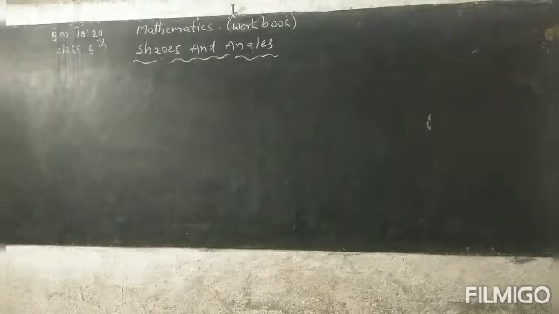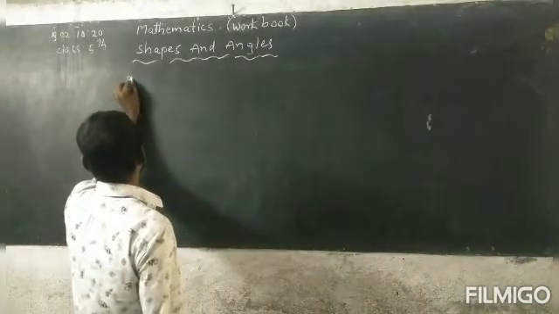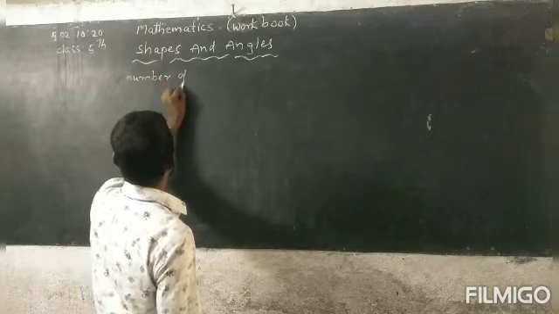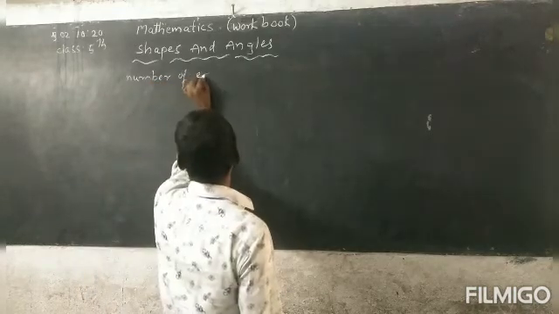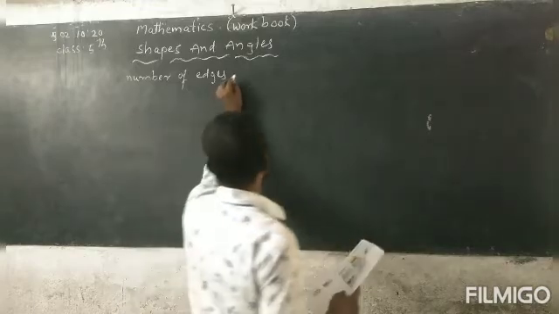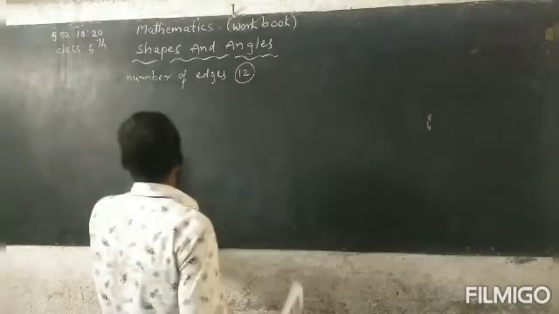First row, first one, beta, cube, number of edges. How many edges beta in a cube? 12 edges. Write down, everybody. Next, number of faces.